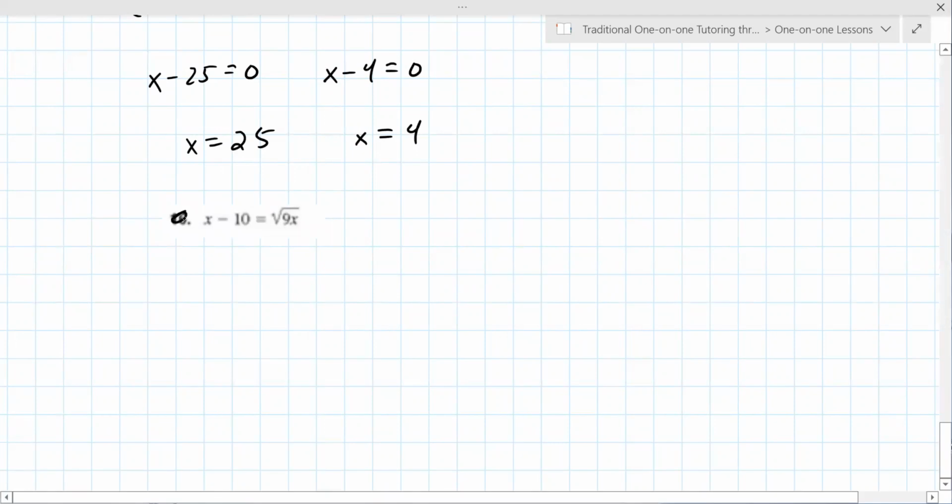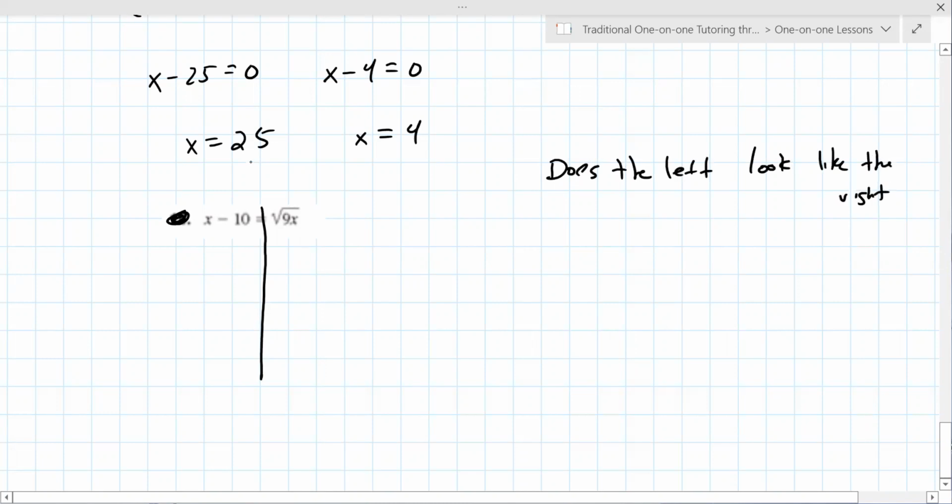And the way you try them is you're not solving anymore. You're really asking, does the left side look like the right? So when we try 25, is 25 minus 10 the same as the square root of 9 times 25?